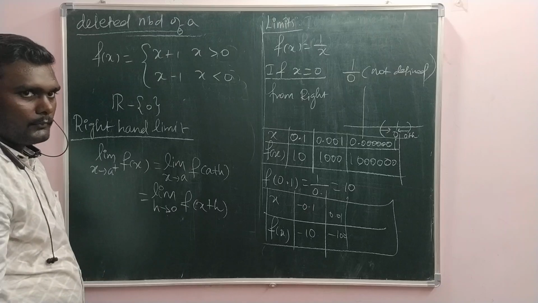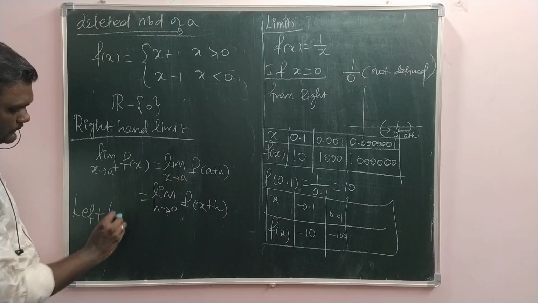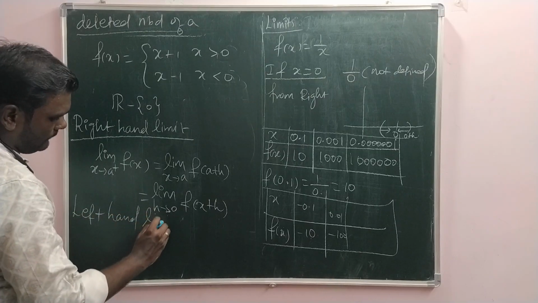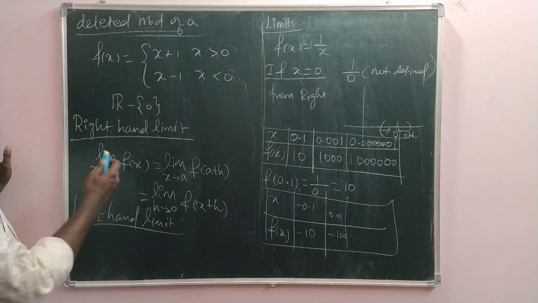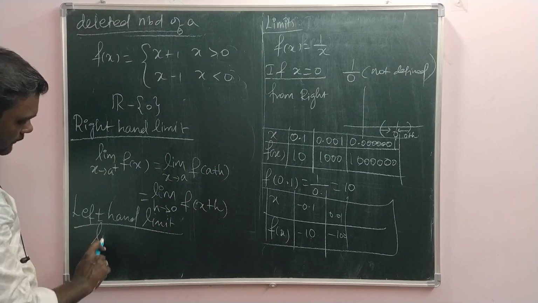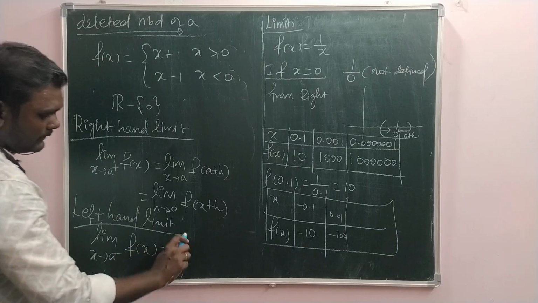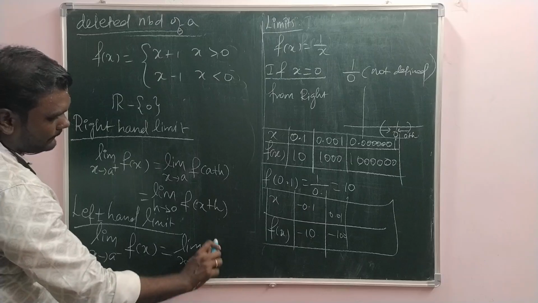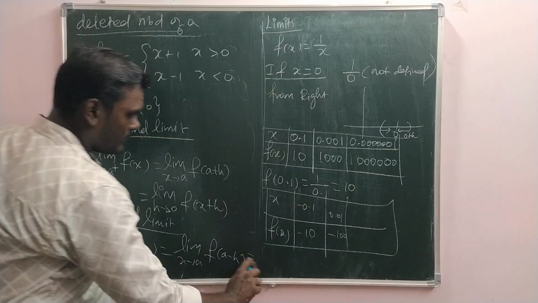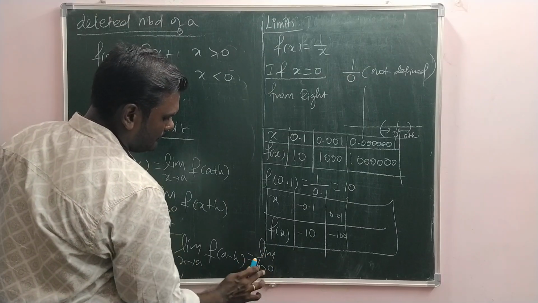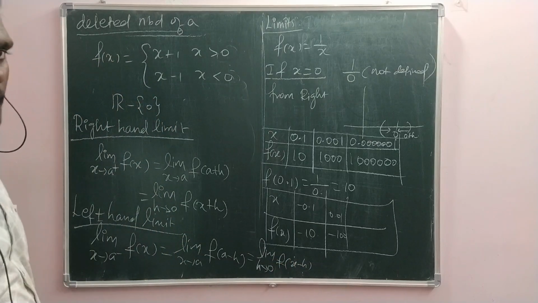And left hand limit means we are approaching from the left side, that is a minus h. So it is denoted by limit x tends to a minus f of x, that is limit x tends to a f of a minus h, or in h notation, limit h tends to 0 f of a minus h.